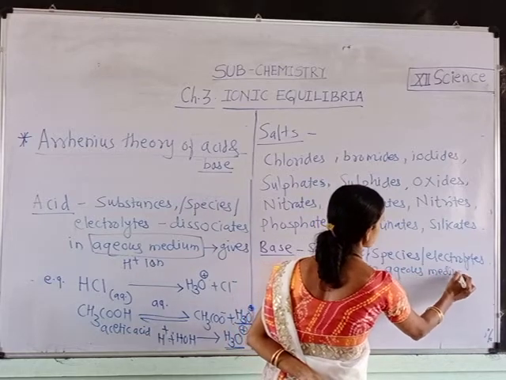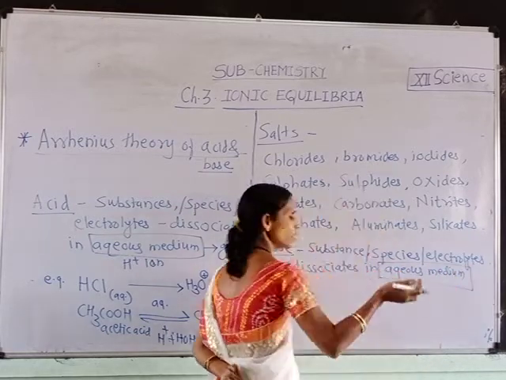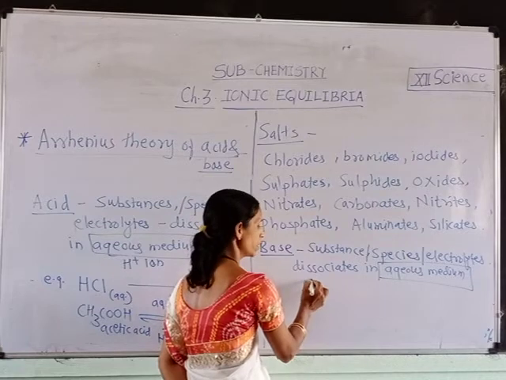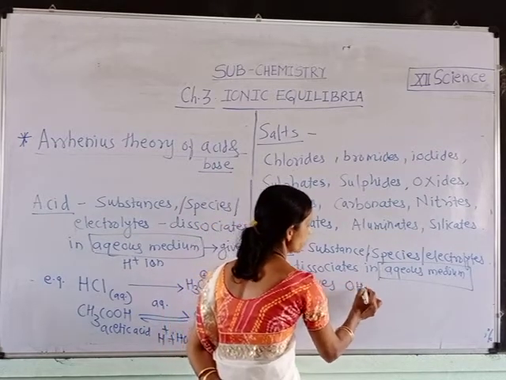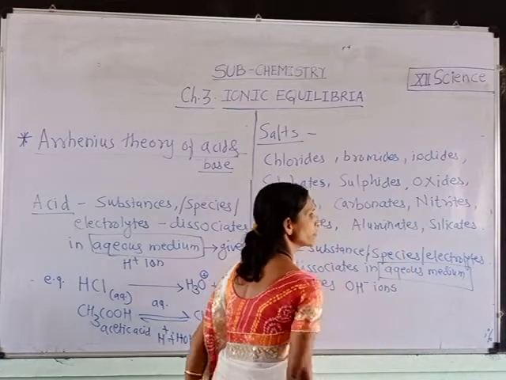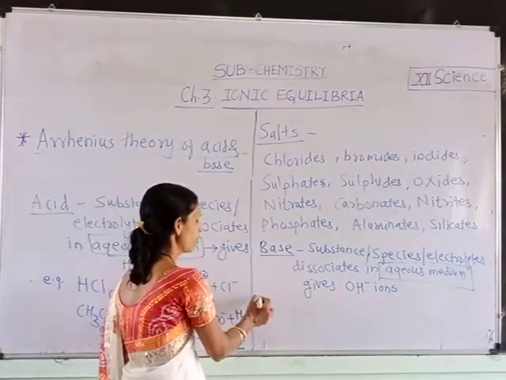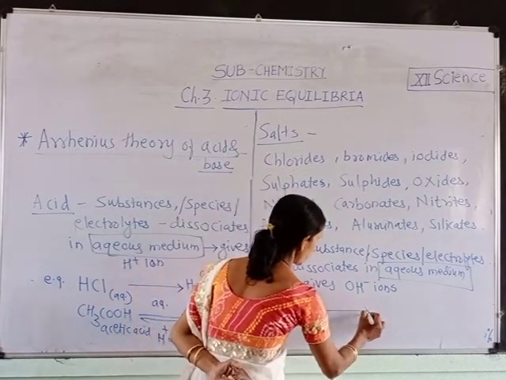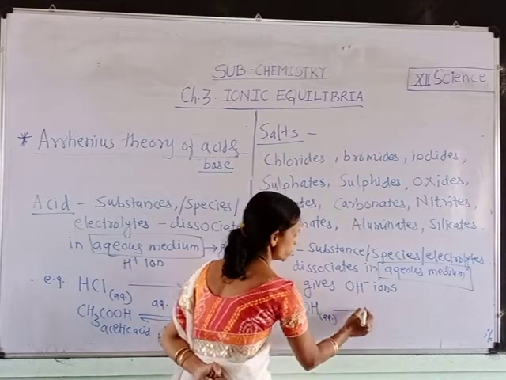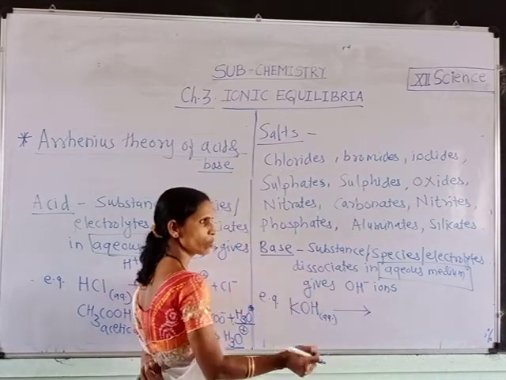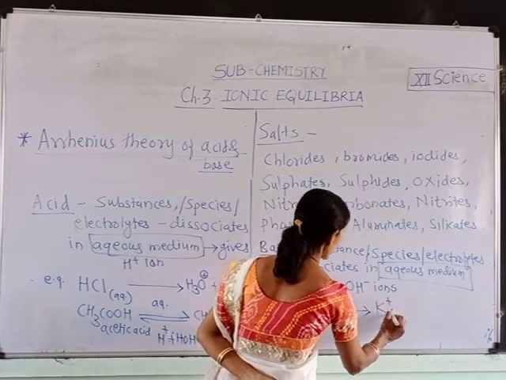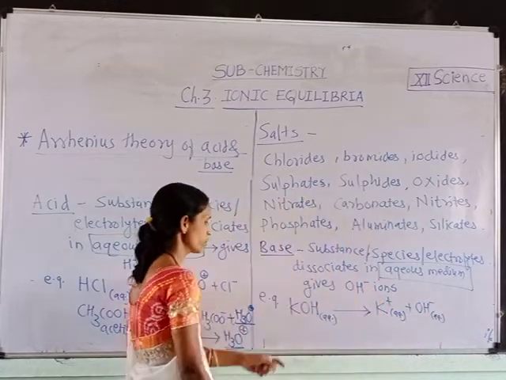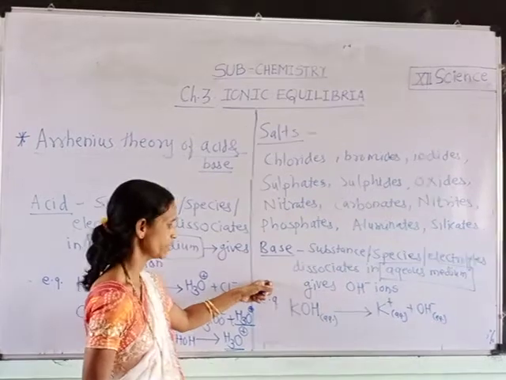Aqueous medium means the substance is dissolved in water, and it dissociates and gives OH minus ions. These are called bases. For example, KOH in aqueous medium dissociates almost completely because it is a strong electrolyte, and it gives K plus and OH minus. Therefore, it is a base, or basic in nature.